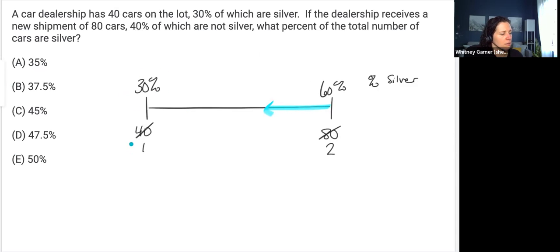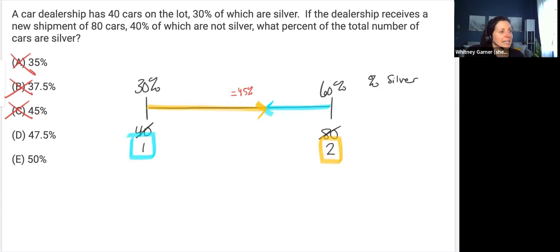So the 30 is pulling 1 unit in its direction. The 60% are pulling 2 units in their direction. At a minimum, I know that the answer has to be higher than 45. I could do an estimation here because the midpoint where they were equal would be 45%. So I know the real answer has to be to the right of that.